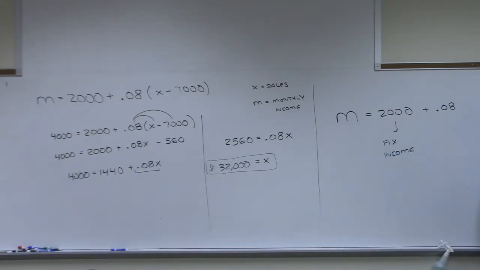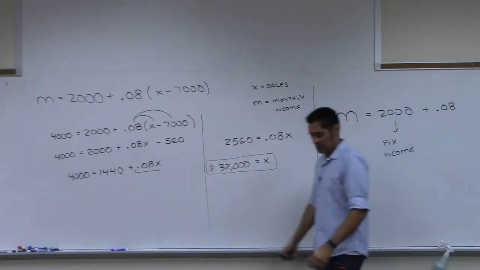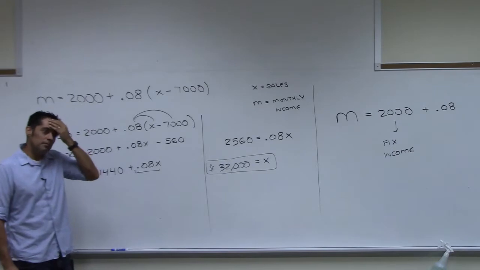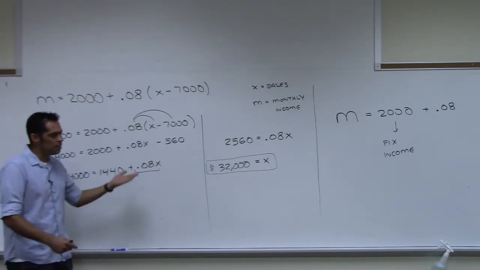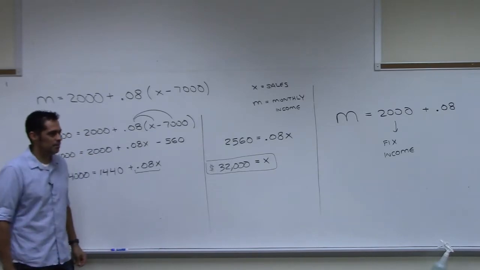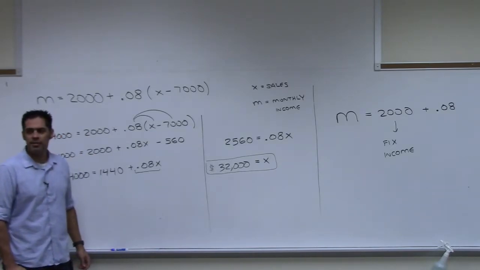Does that seem out of reach? Well, I don't know. The nice cell phones are about $1,000, right? So 32 phones in a month? Yeah, maybe. Does this make sense?